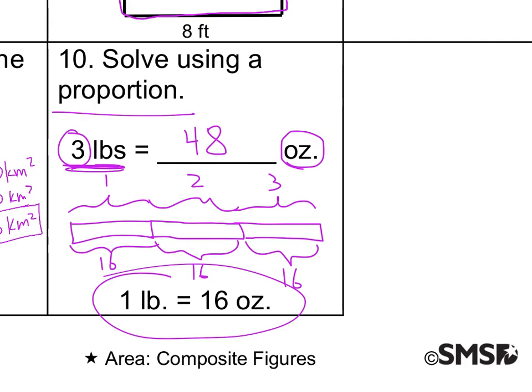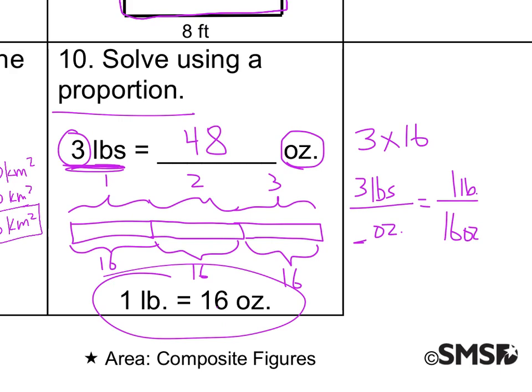So again, our problem was 3 times 16, and our proportion was there. So you'll see something like this. 3 pounds over blank ounces, right? We don't know that. And we're going to say that we're going to use our 1 pound to 16 ounces proportion, right?